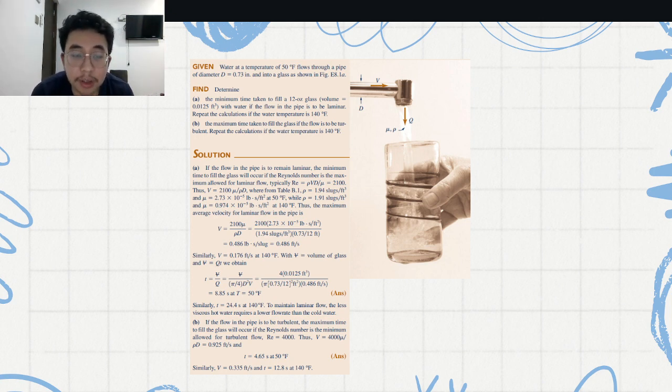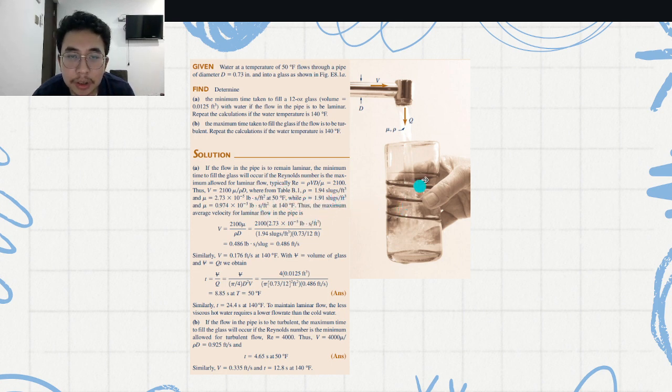Thus, we use the Reynolds equation to solve for V, and we put the Reynolds number here, just the 2100.